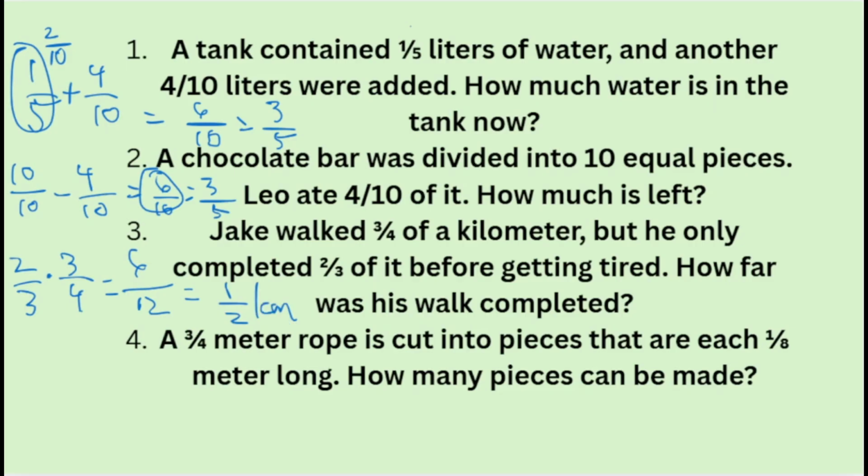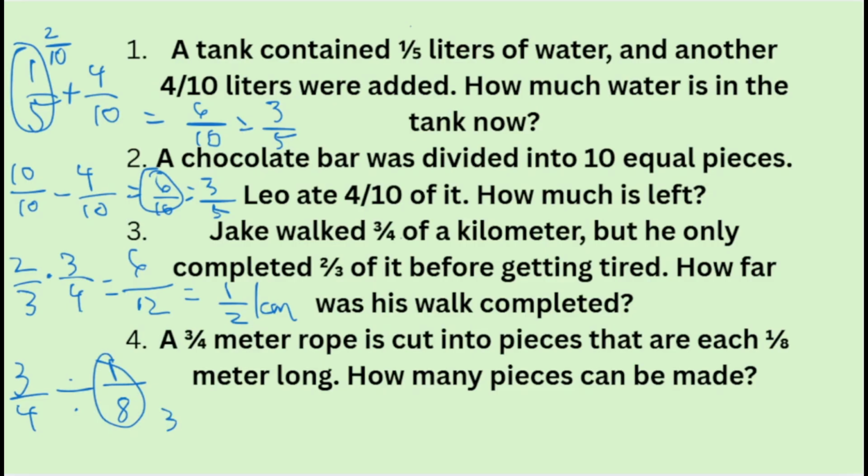Anyway, okay, here. A 3/4 meter rope is cut into pieces that are each exactly 1/8 meter long. So, a 3/4 was divided into pieces that are 1/8. So it's division, right? But we know that division is in short just the same as multiplication, but we flip to the reciprocal.